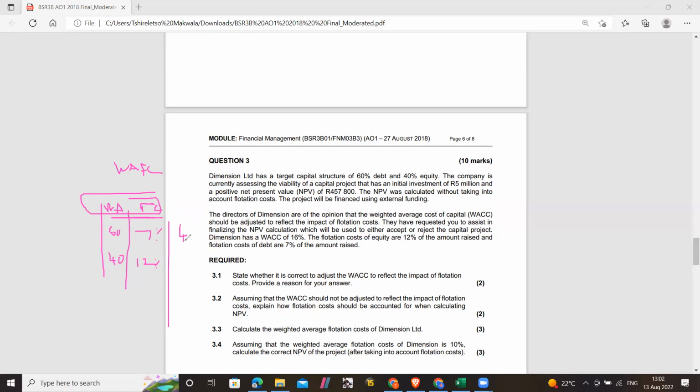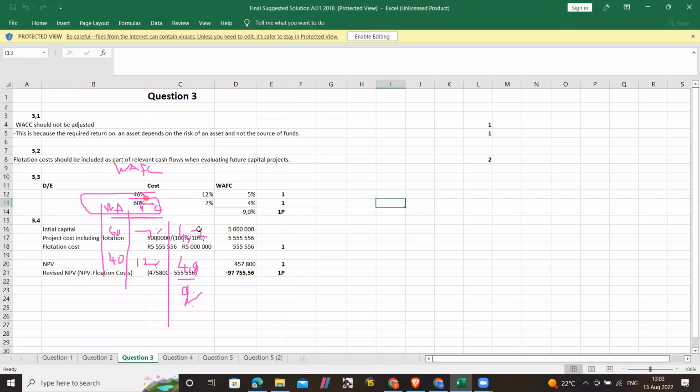Then 40% multiplied by 12 gives us 4.8. Then 4.2 plus 4.8 gives us 9%. So the weighted average flotation cost is 9%. You see how it's done here? It's 9%.